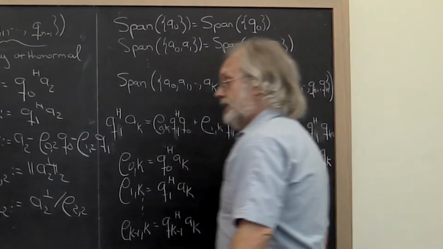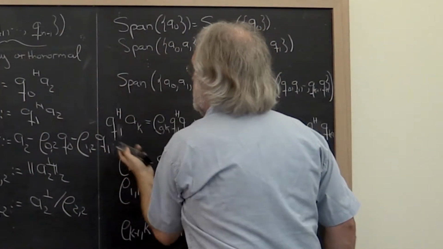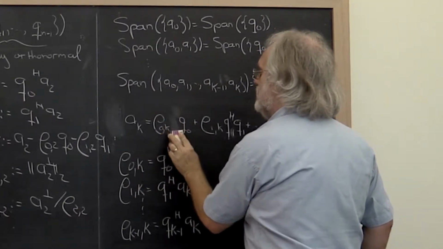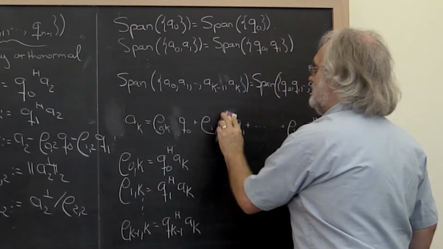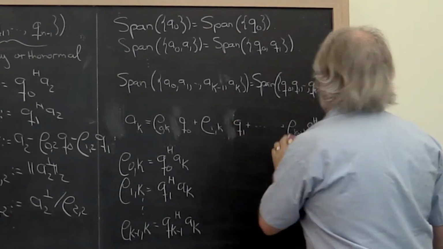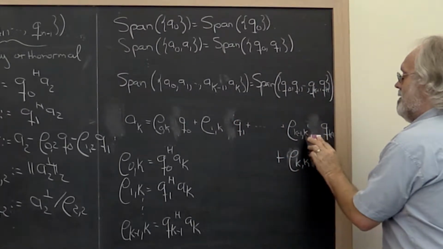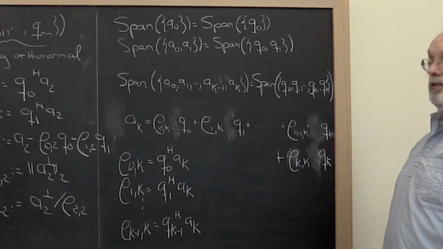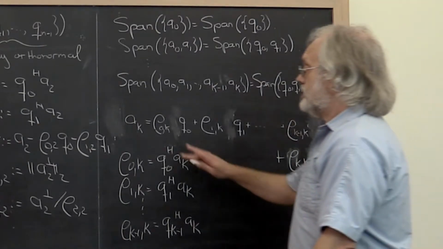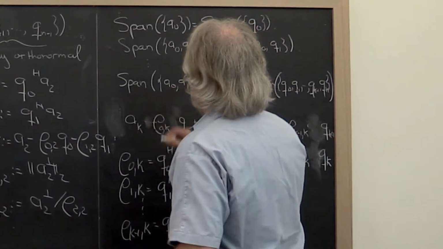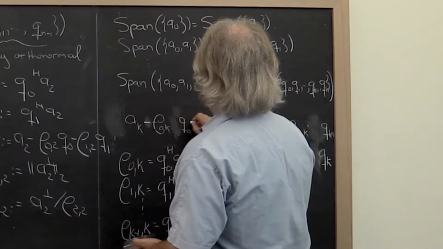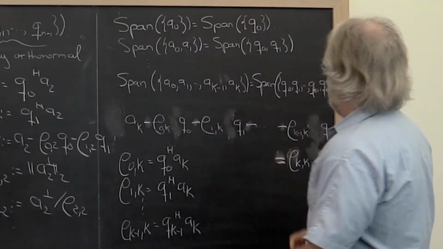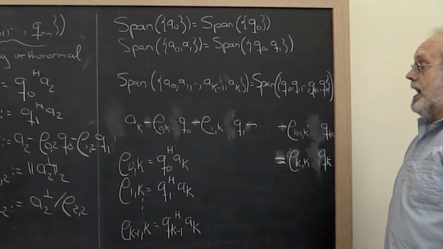Right? Now, let's go back to how ak was given as a linear combination of the vectors q0 through qk. So we're back here. And then what we can do is subtract out from both sides these terms and leave that one on the right hand side. And what do we get here?